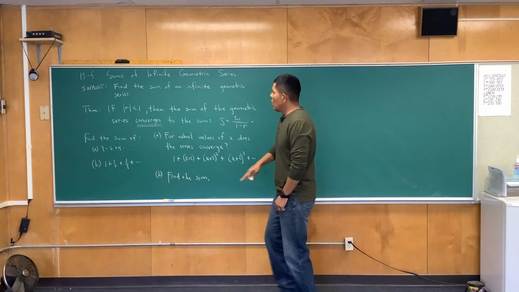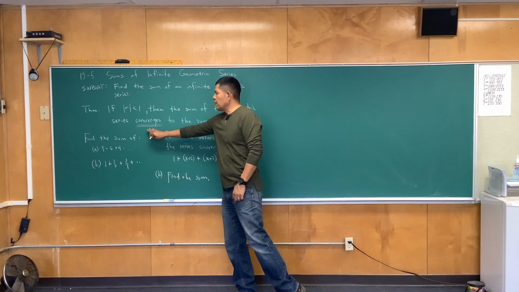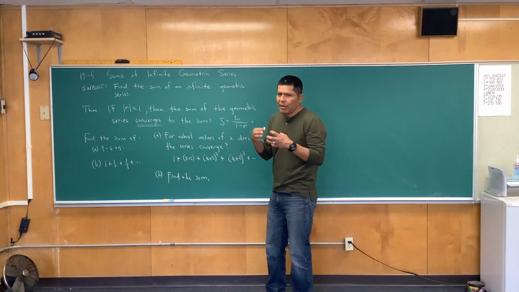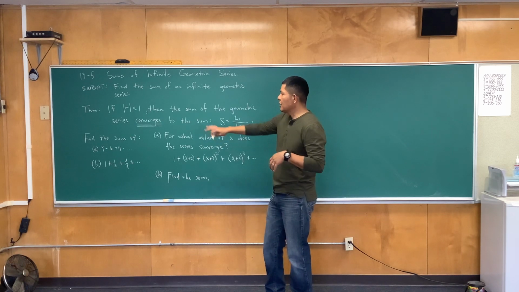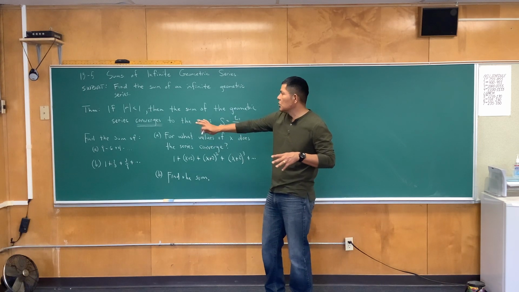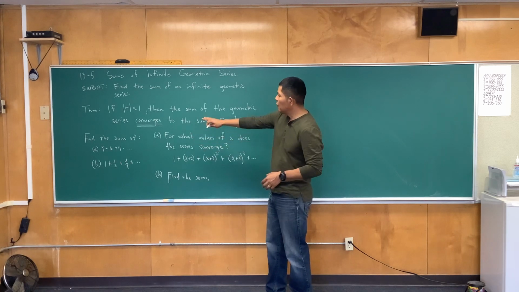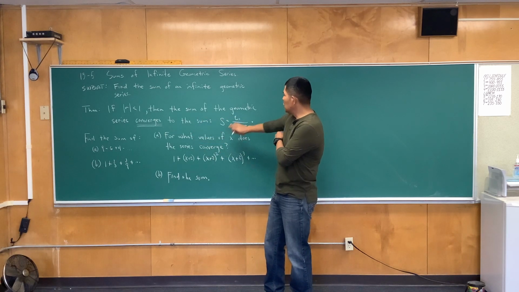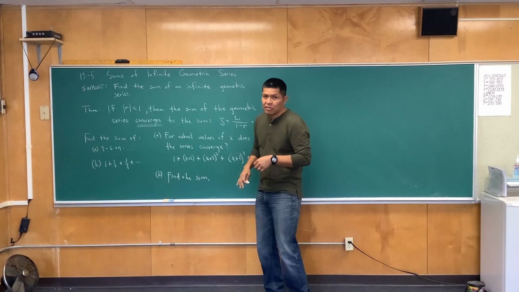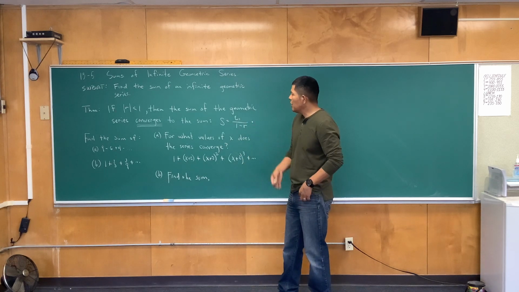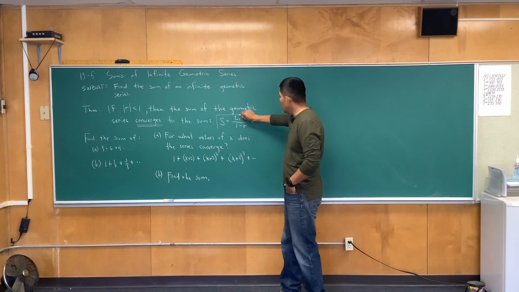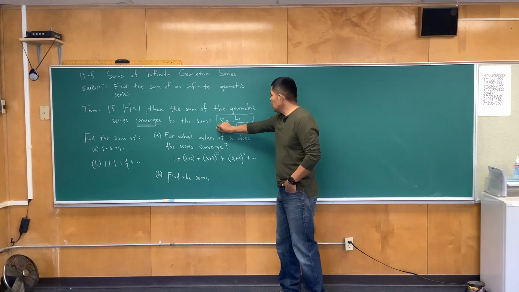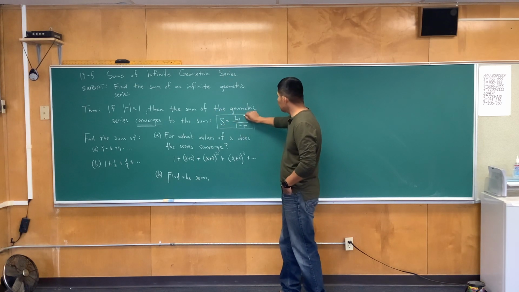So when we're talking about this word converges, it really packs a lot of information into it. It would take a whole lecture on its own to talk about how convergence relates to sums of geometric series. But in our case, the only thing I'm really concerned about right now is using this formula right here.